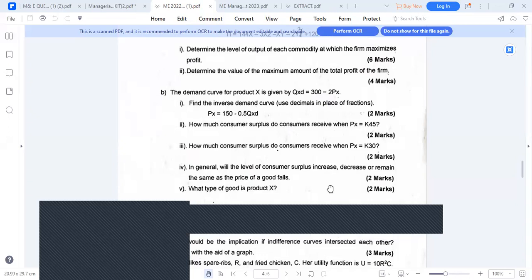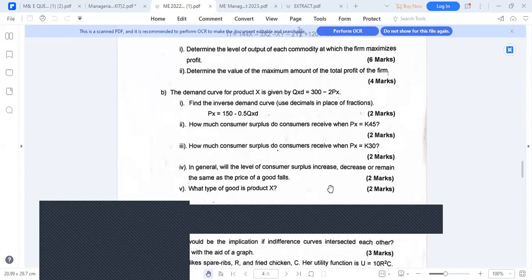What will happen? As the price of the good falls, what happens to the consumer surplus?